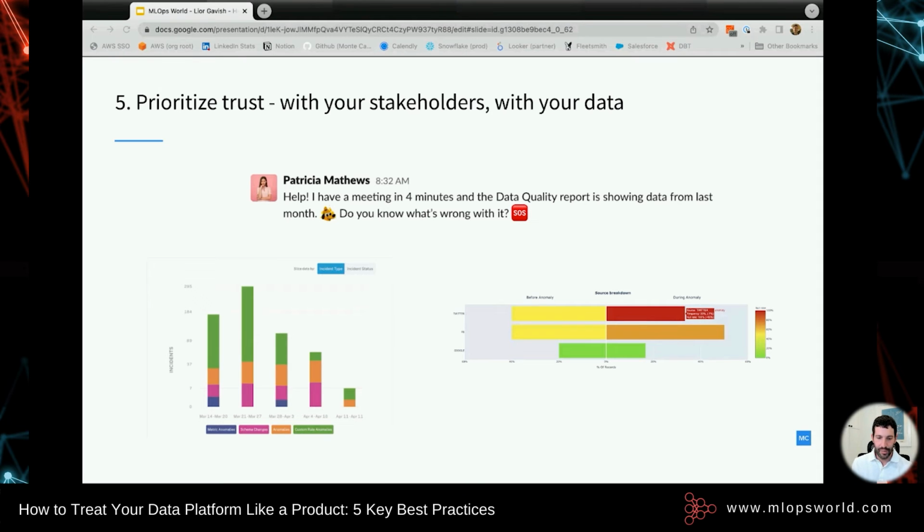And this is a corollary of the previous learning, but if you work in data, I'm sure you got a Slack message along the lines of what you're seeing here, which is someone using the data and wondering why everything looks broken or wrong. And over time, if these things happen a lot and happen consistently, again, you lose trust with your consumers, and they won't want to use your data, right?